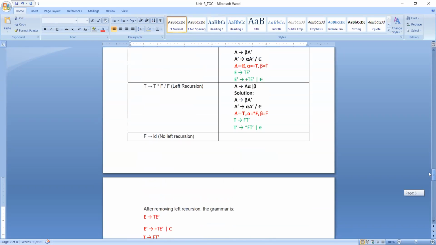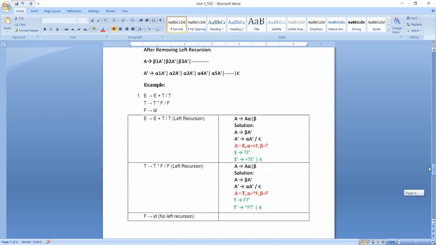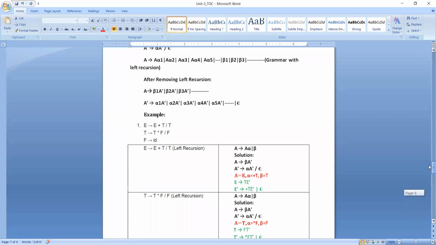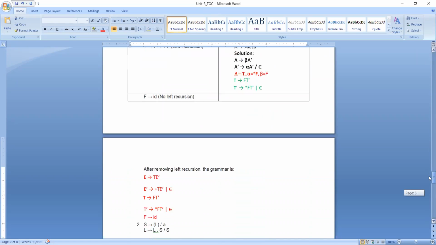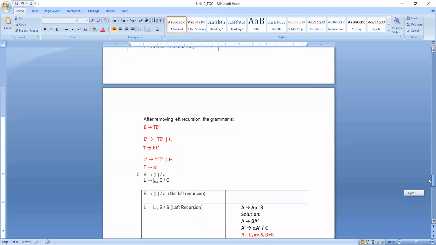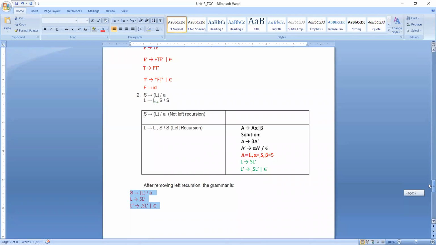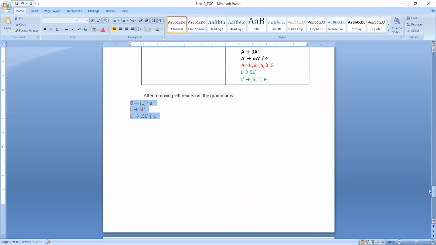So this is how we are going to check whether the left recursion is present in our grammar or not. If it is present, this is how we are going to remove the left recursion present in our grammar. Okay, so this is one of the problems that the parser which we are going to use inside the compiler is going to face.